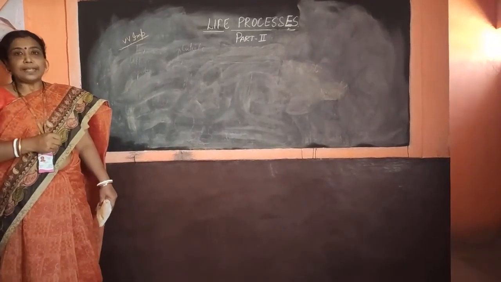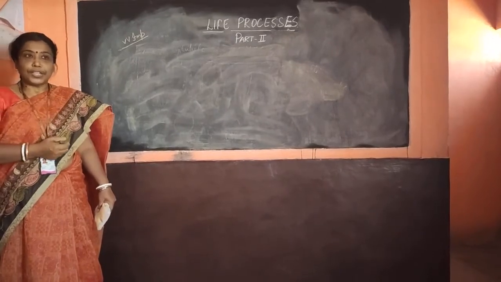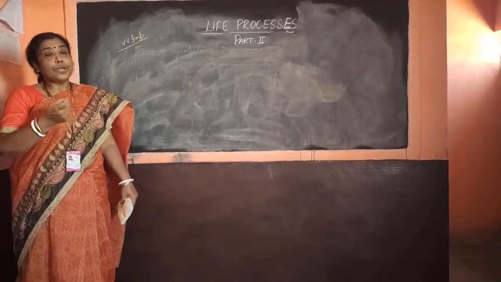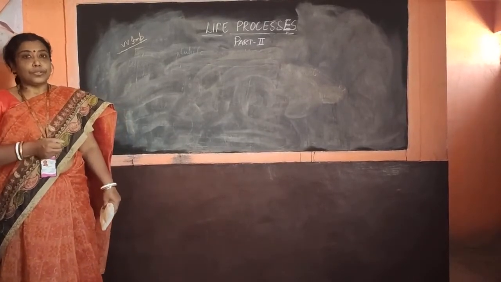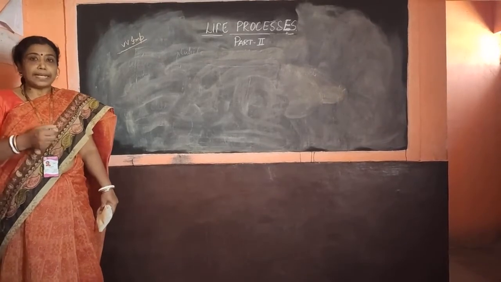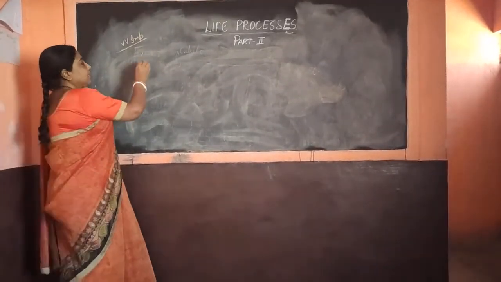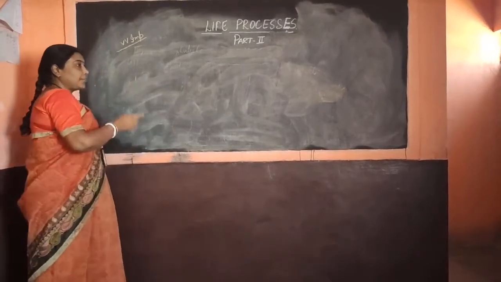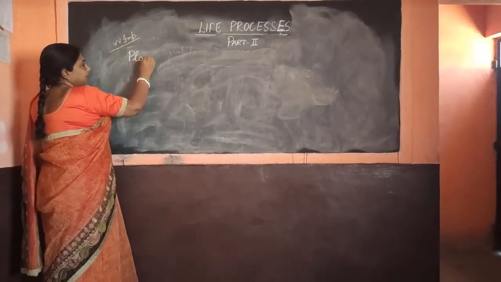You have the basic concept, the experimental setup and the experimental observations given. You are asked just for your observations or the conclusion. Try to answer it yourself. If not, then please send your queries to us. Now today, in the heterotrophic mode of nutrition, we have already studied nutrition in plants.